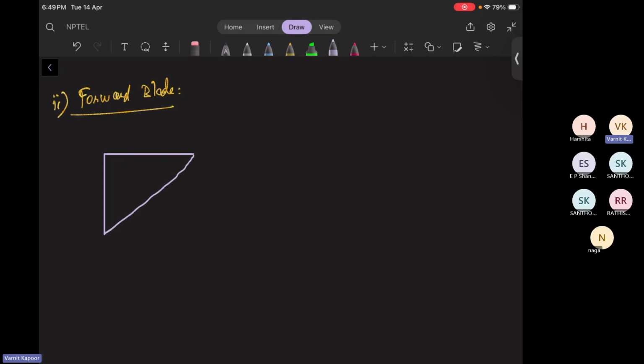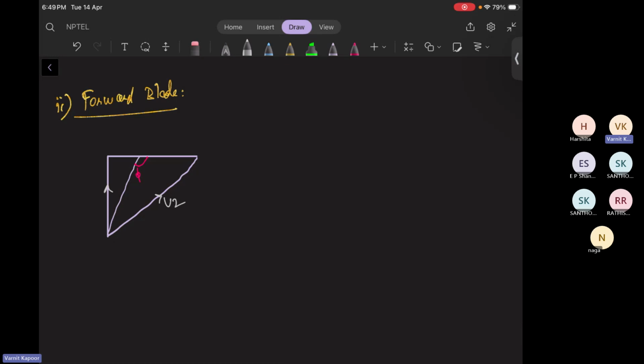Okay. So this is your absolute velocity V2. We have another point like this. This is our angle phi, which is greater than 90 this time. The component of V2 is VF2, and this is VW2 from here till here.